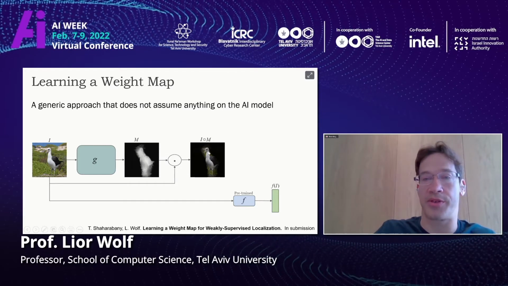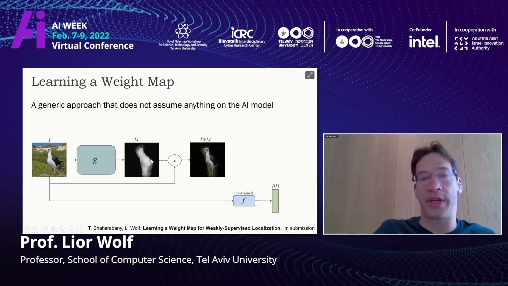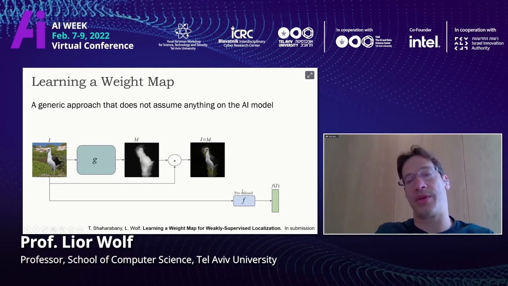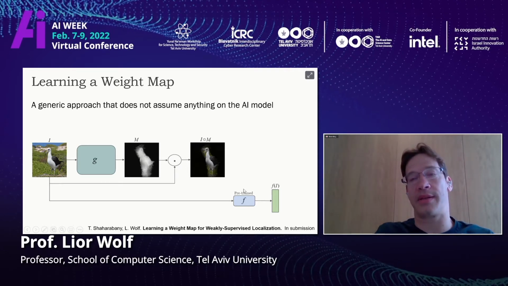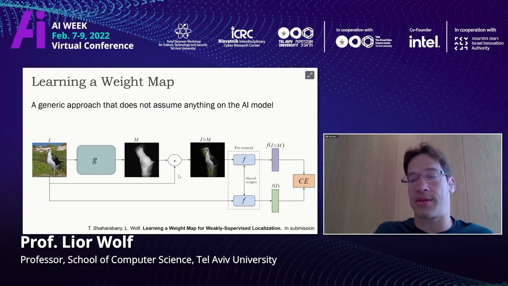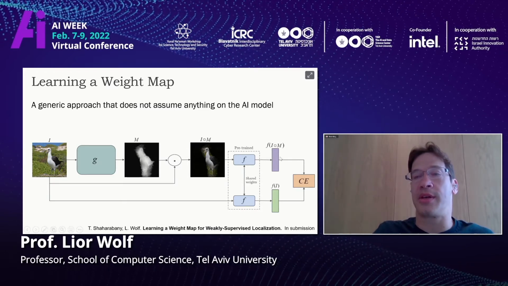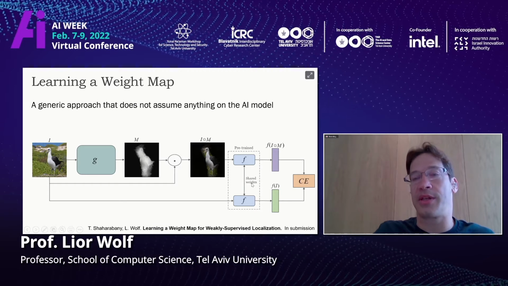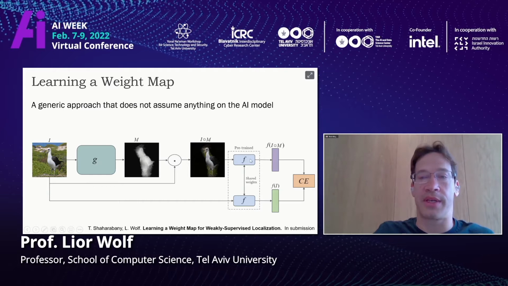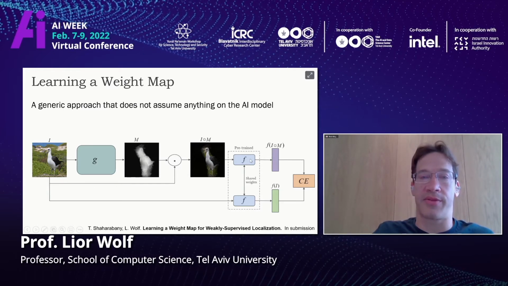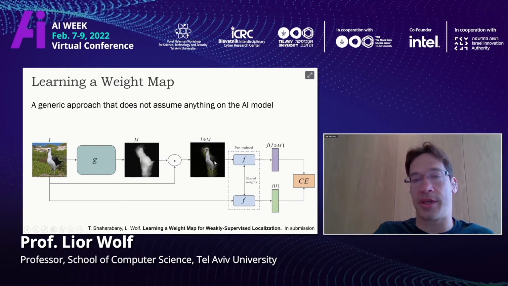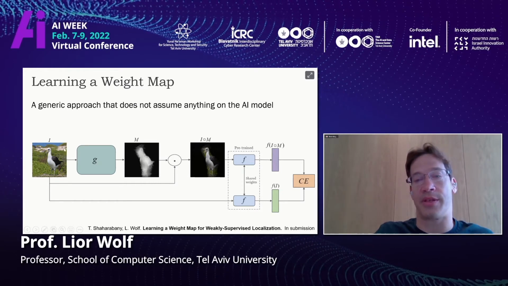Now, in order to train G, we need to get a signal back from F. So what we do is we add a constraint that once we multiply the image and then pass it through F, it should have the same classification as the original image. So we know that the classifier attends to the heat map of G if F on this image is the same as F on this image.